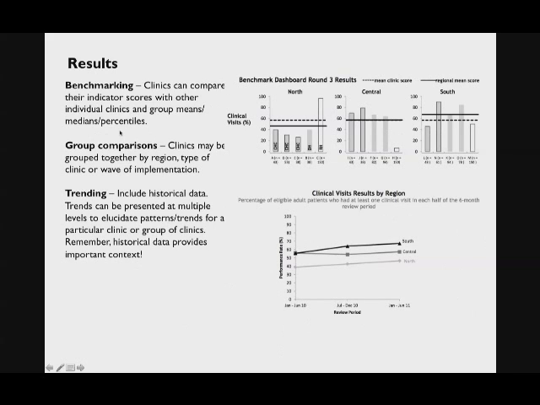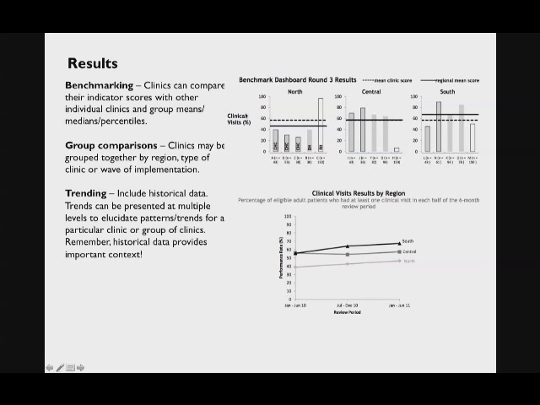So there are different types of results that we can report, and that will perhaps depend on the type of QI report that you're sharing. If we want to create a benchmarking report where we want to compare clinic scores with other clinics of similar types, perhaps we can do something like this shown on the right.